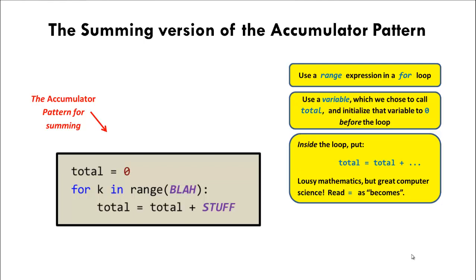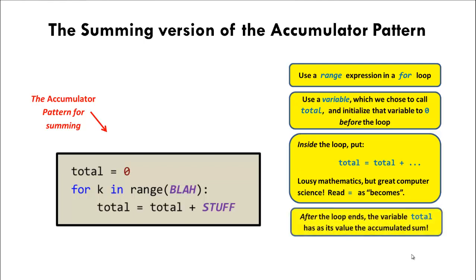Third, inside the loop, we write a statement of the form total = total + some stuff, where some stuff is the next item of whatever we want to accumulate in our sum. Then, after the loop ends, the variable total will have as its value the accumulated sum.